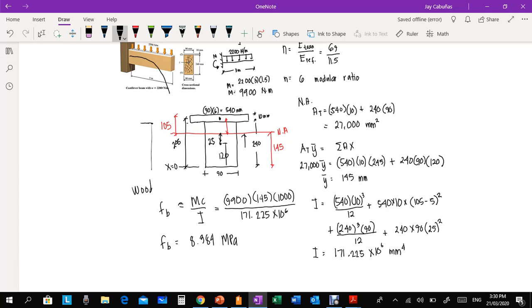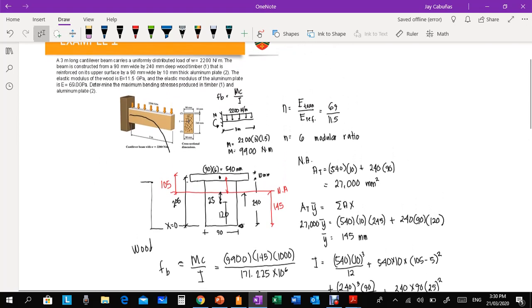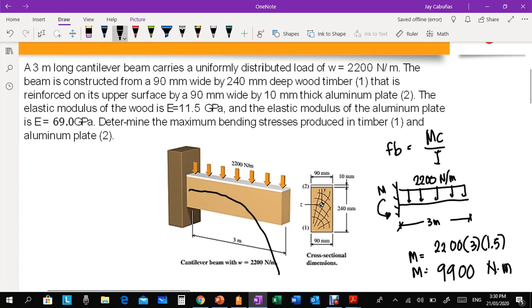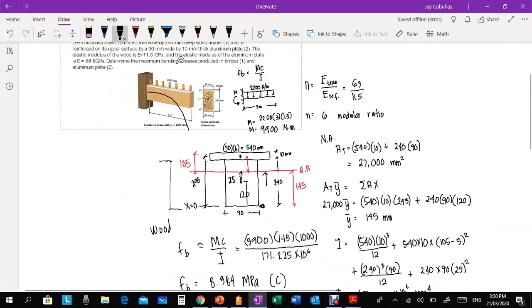Now, take note, is it compressive stress or tensile stress? That is compressive stress, because we are at the bottom, at this point. So we get the compressive stress at this point of the section. Therefore, that is compression. So again, the bending is like this: at the bottom, compression, and at the top, tensile.